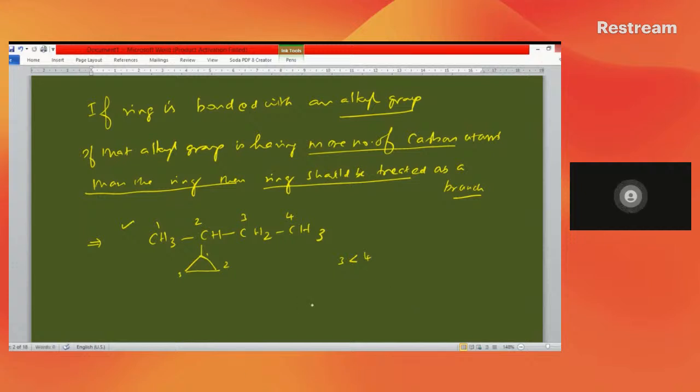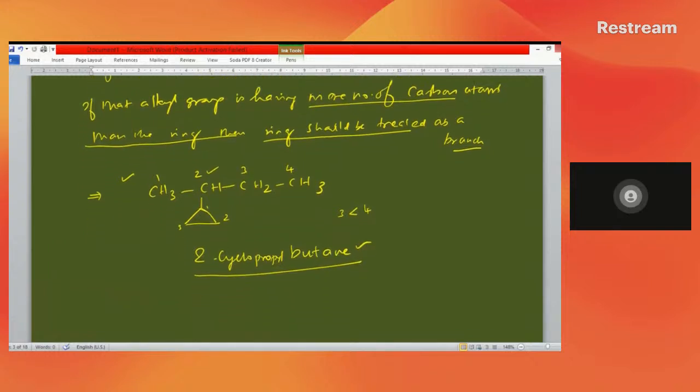We treat this as a derivative of butane. So I can write the root word as but, and as it is a saturated substance, you call it butane. Now, the branch is the cyclopropyl group. So the compound's name is 2-cyclopropylbutane. So it's easy.